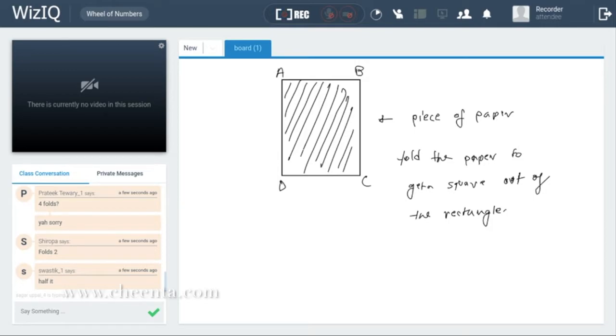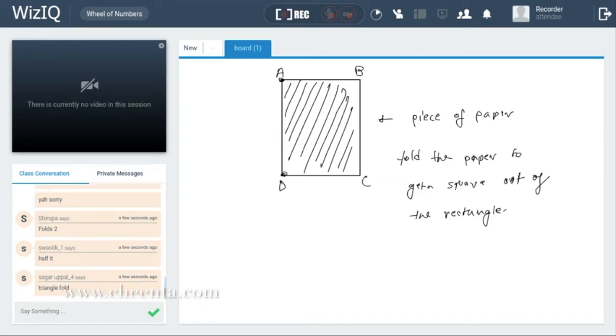Okay, Swastik says half it. If you want to half it, you have to match up the edge A with D and B with C. So you'll get a... You really don't need to make it. Okay.